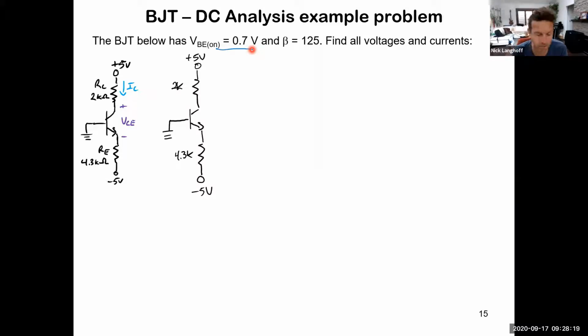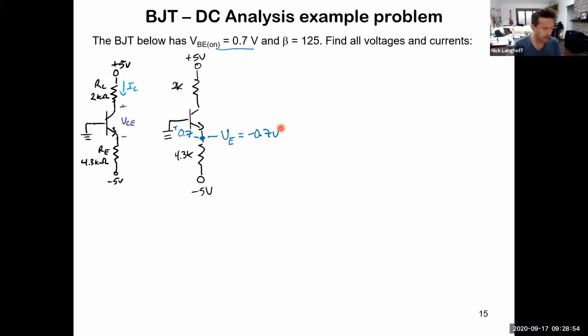And that's a pretty good assumption because the emitter is being pulled down to minus 5 volts. If this is ground here on the base, and we have a 0.7 volt drop from the base to the emitter, then what we know is that VE, the voltage at the emitter, is equal to negative 0.7 volts.